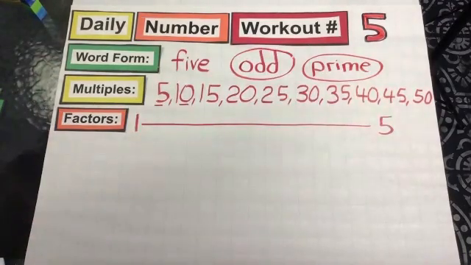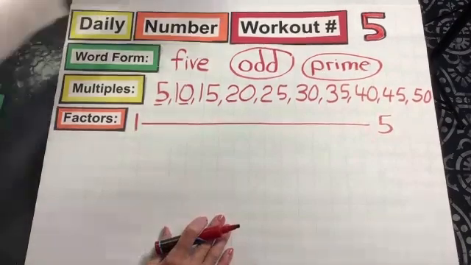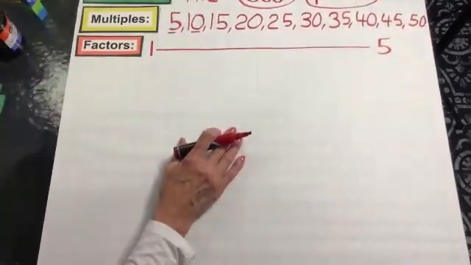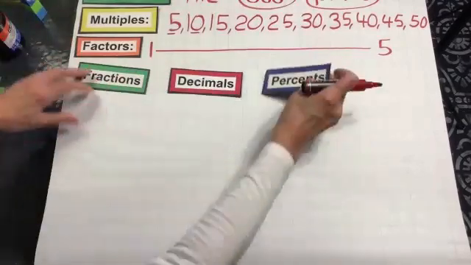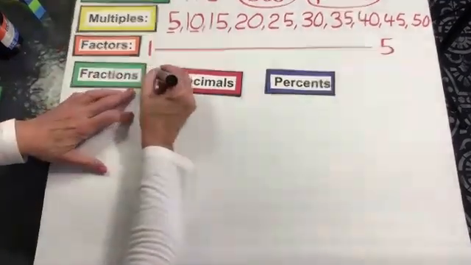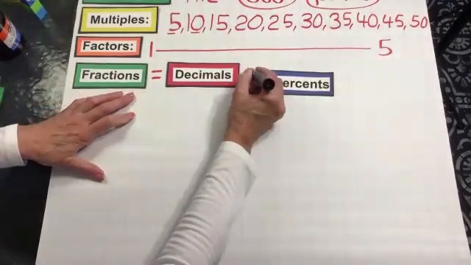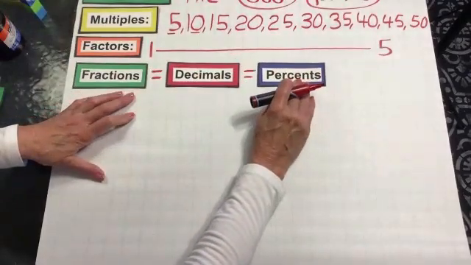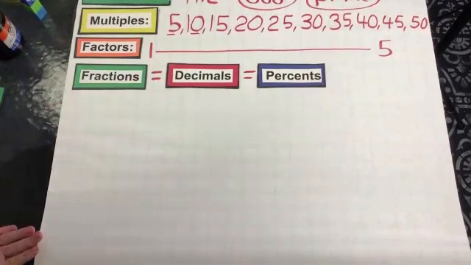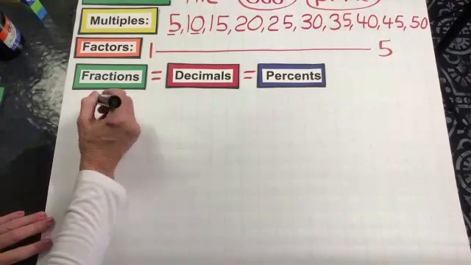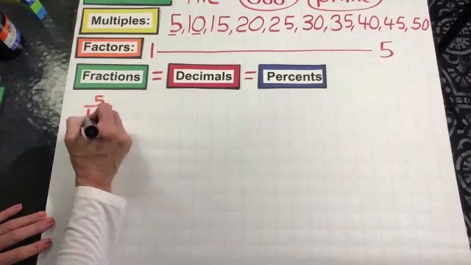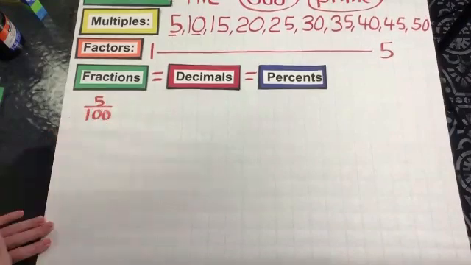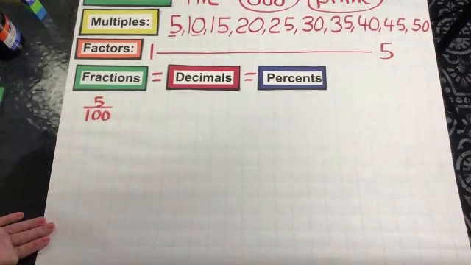All right, moving right along, we're going to go to fractions, decimals, and percents. So we want to put equal signs in between each of these because we're doing equivalent fractions, decimals, and percents. Equivalent means they equal each other. So today we're looking at 5 out of 100 days of school so far. We're working our way to 100 days of school.